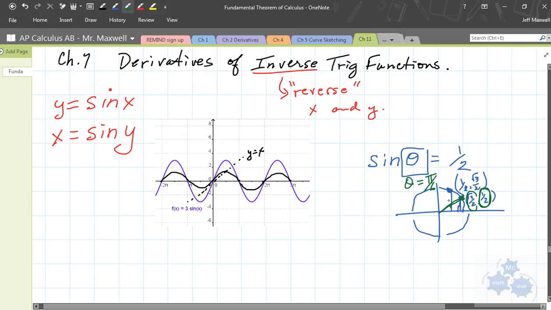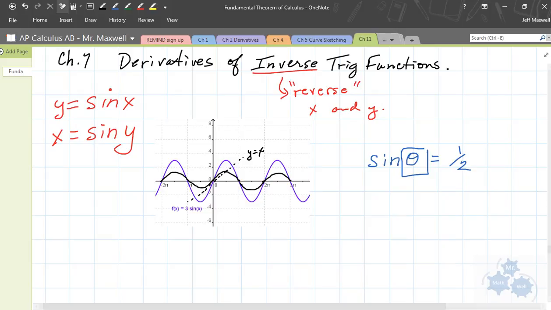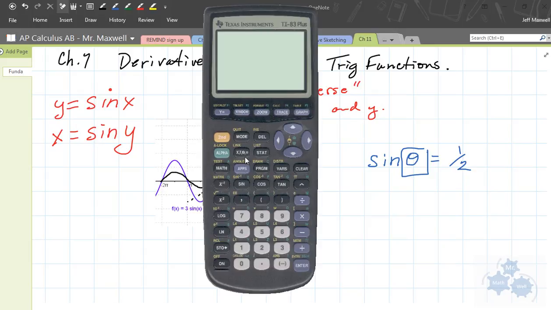But if you didn't have the unit circle, and weren't able to do this manually by hand, how would you do this on your calculator? Well, you would go inverse sine of 0.5. That gives us 0.52358.